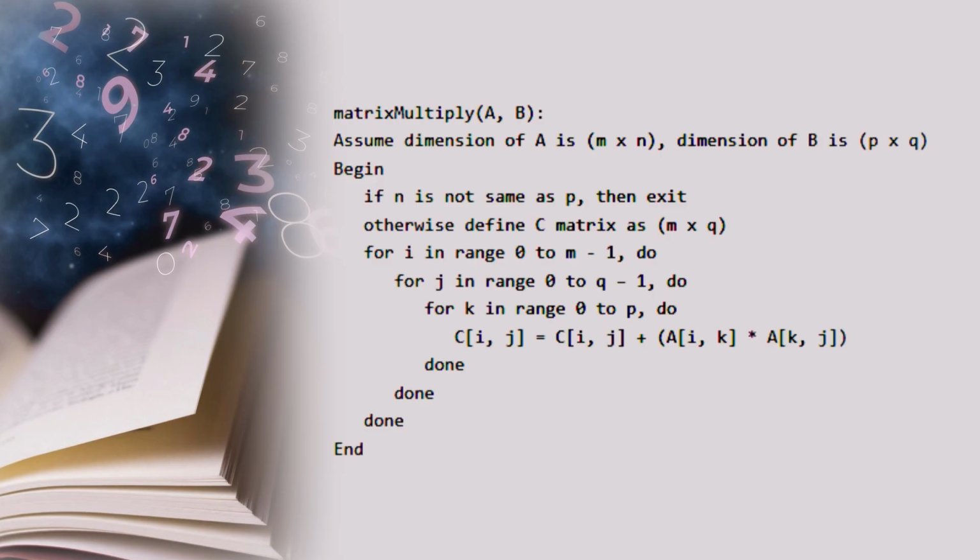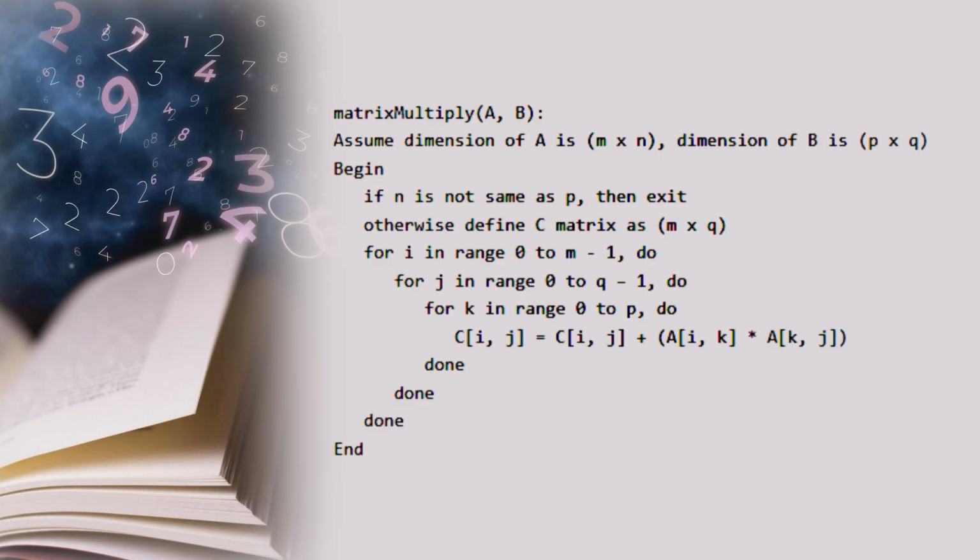If n equals p, then we use a for loop: for i in range 0 to m minus 1, which covers the number of rows in the first matrix, and the next for loop, j, runs from 0 to q minus 1. What is q? q is the number of columns of the second matrix.